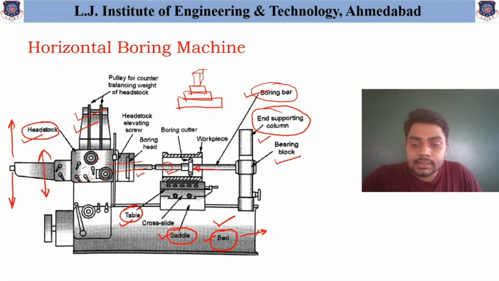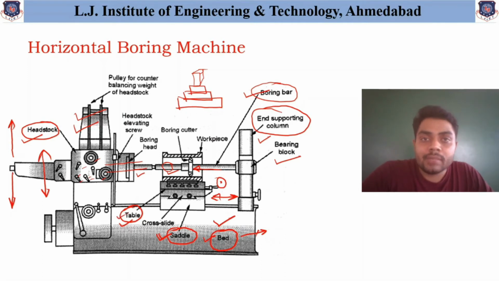So this saddle can be moved in longitudinal direction with the guideways provided. So the longitudinal movement of the workpiece is possible by using the saddle. And the crosswise movement, that means perpendicular to the plane that you are seeing, is possible by using the table. So as per requirement, maybe a longitudinal movement or maybe a cross movement can be obtained by using the saddle and the table respectively.